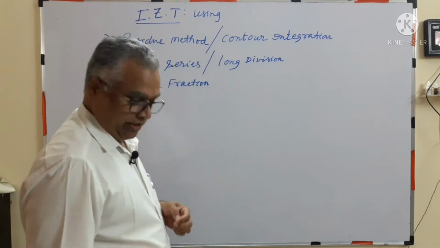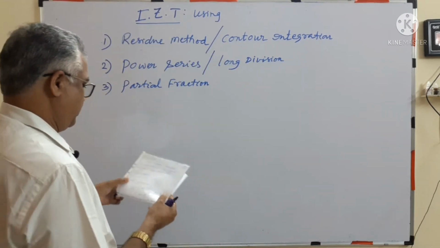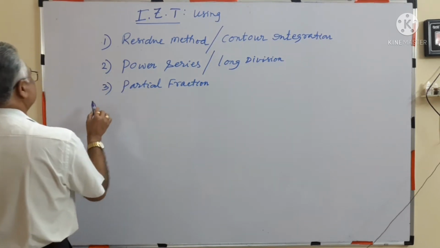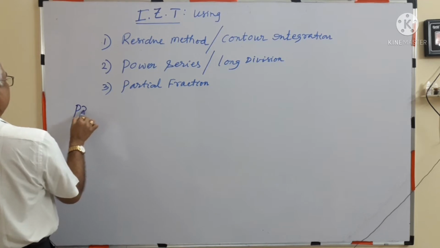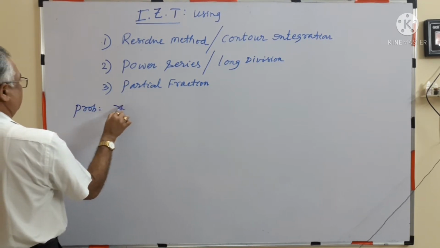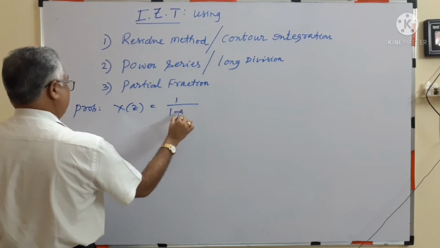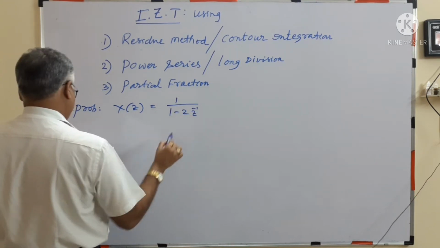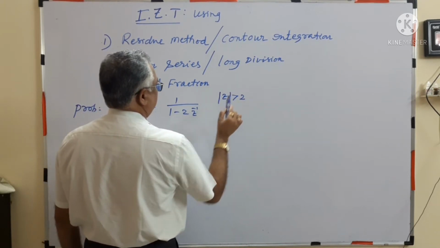So let me take one example. X of Z is 1 by 1 minus 2 Z inverse, mod Z greater than 2.